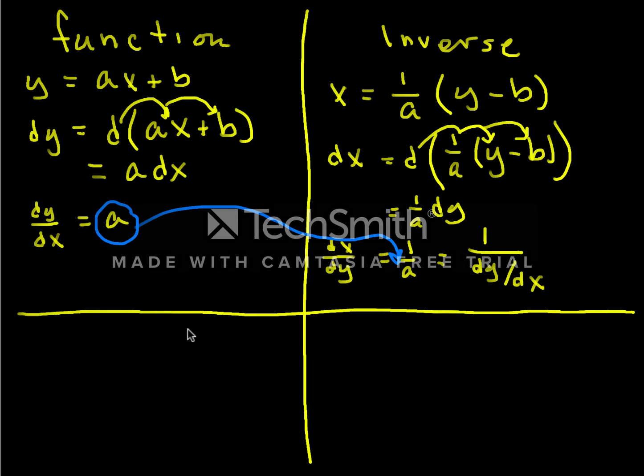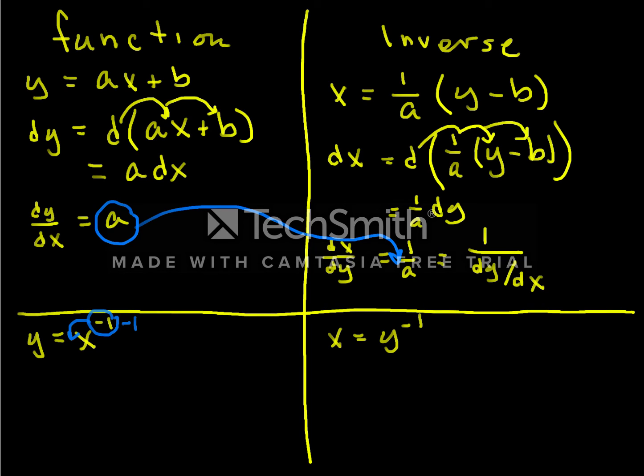So let's take a look at another one. How about y is equal to x to the minus 1. So the inverse would just be x equals y to the minus 1. I'm going to do this real quick. This is just a simple power rule, right? My power is -1, so the exponent comes down and becomes my coefficient, and I subtract 1.